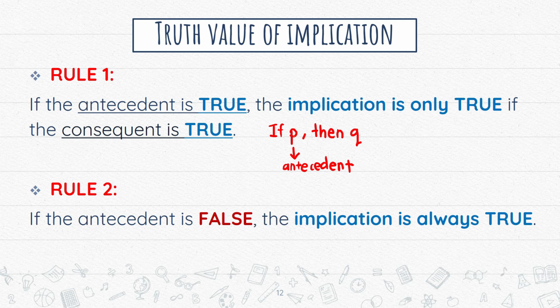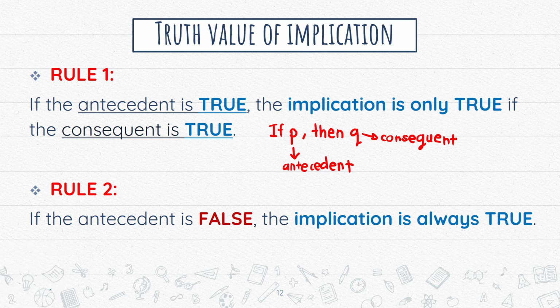If P is the antecedent, then Q is the consequent. The implication will be true if the antecedent is true, and also the consequent is true.